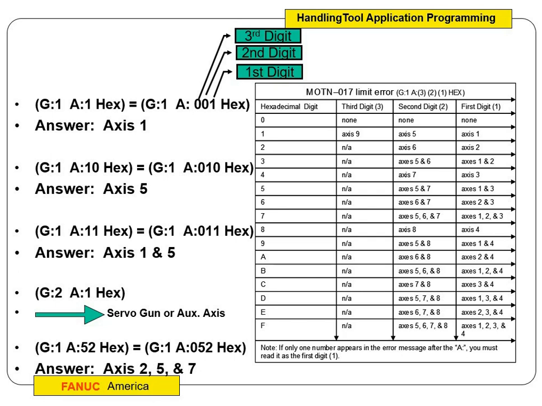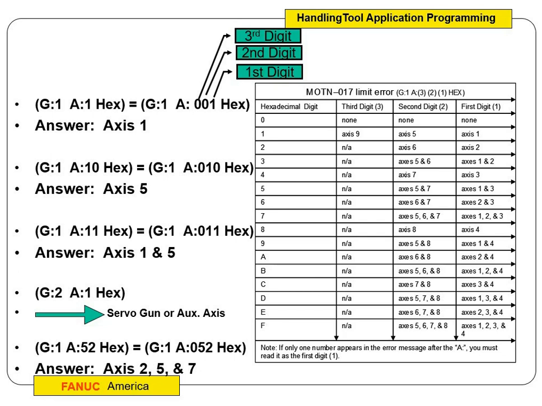So it's only axis 5 that's in fault there. If we look at the next one, G1A011, 0 in the 3rd digit means there's none. Then it gives me a 1 in the 2nd digit, which tells me axis 5, and a 1 for the 1st digit, which tells me axis 1. So now I have 2 axes that are in fault there.